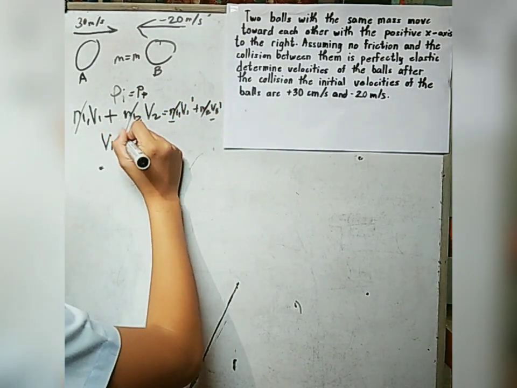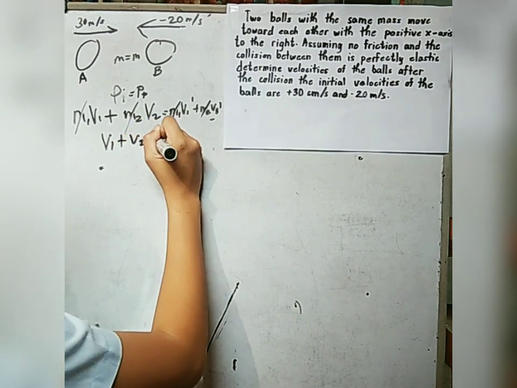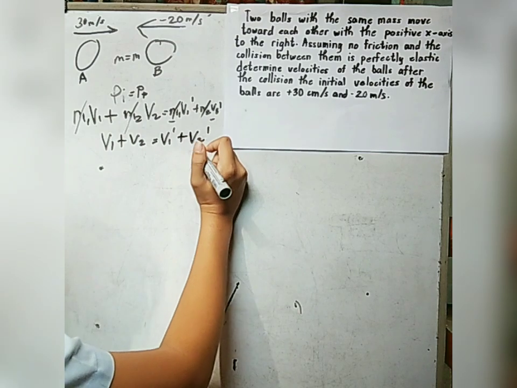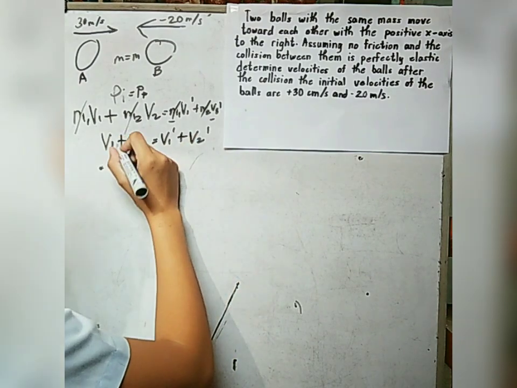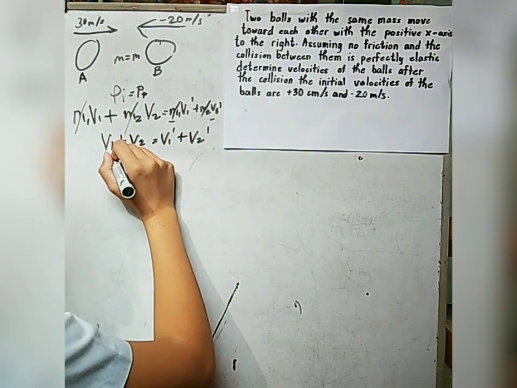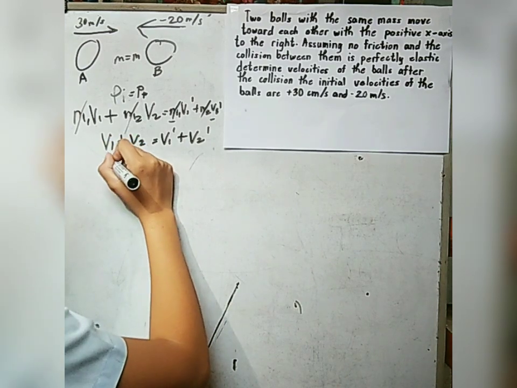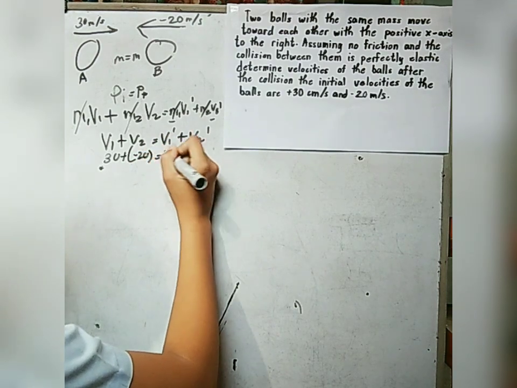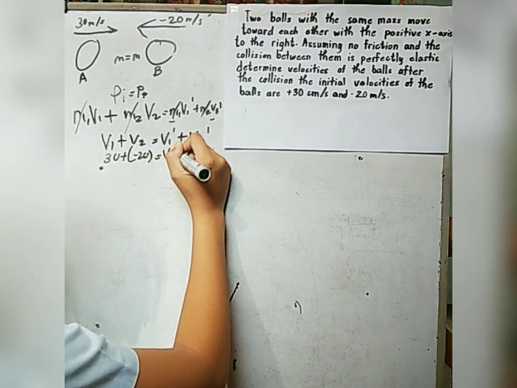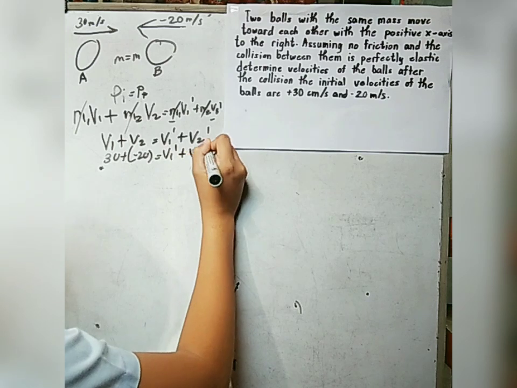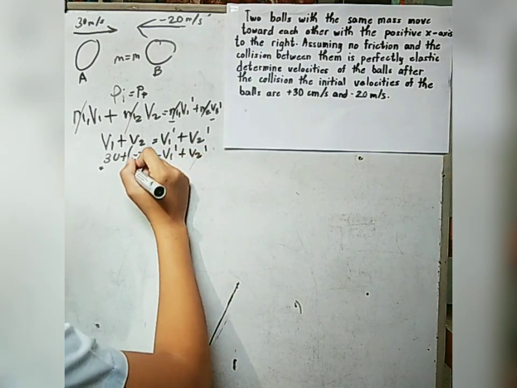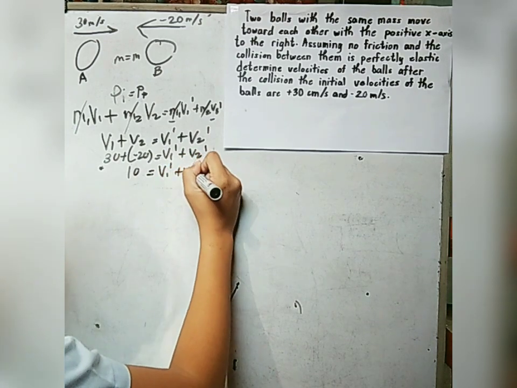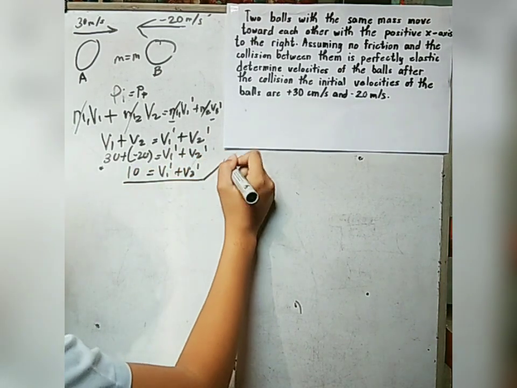V1 plus V2 is equal to V1 final plus V2 final. Substitution: 30 plus negative 20 is equal to V1 final plus V2 final. So, 10 is equal to V1 final plus V2 final. This is our first equation.